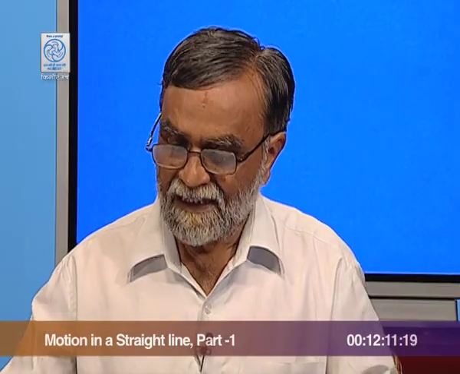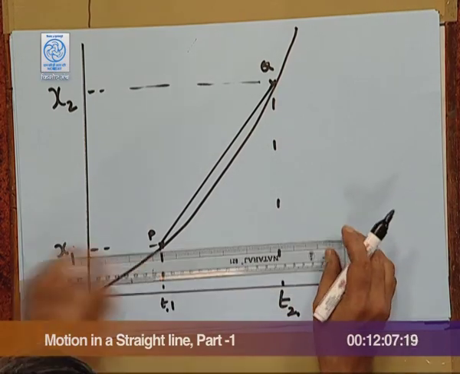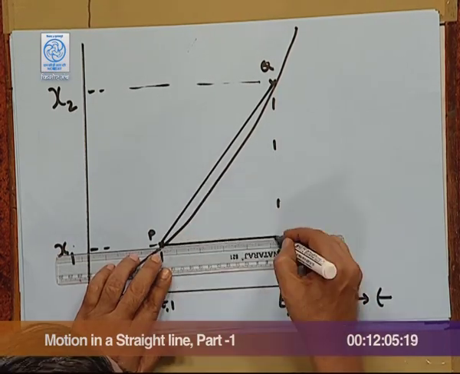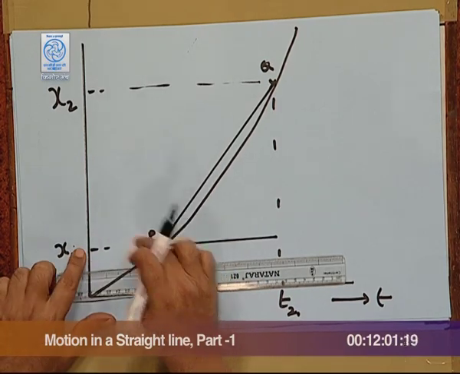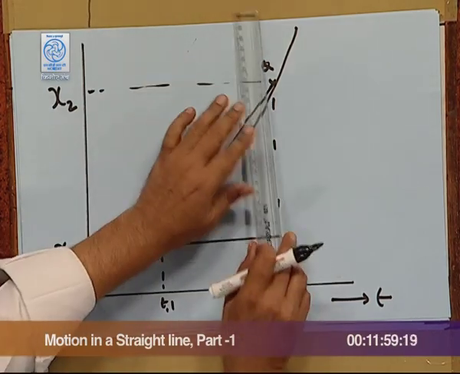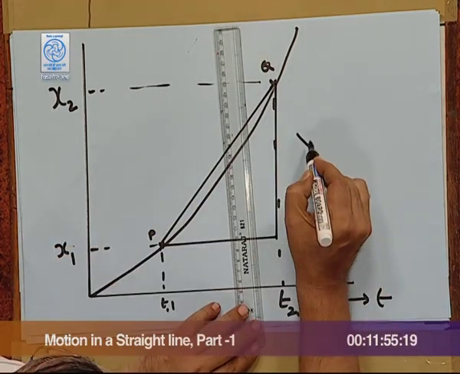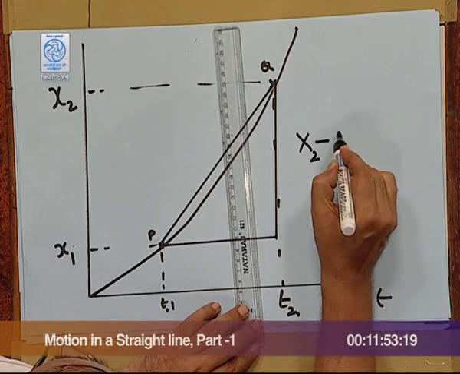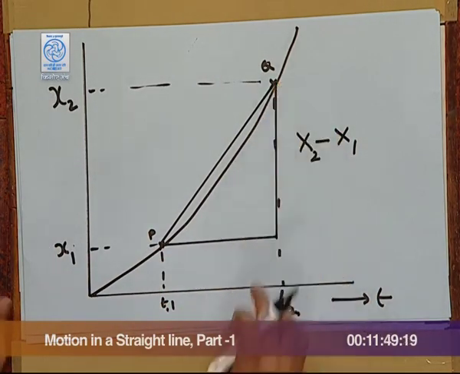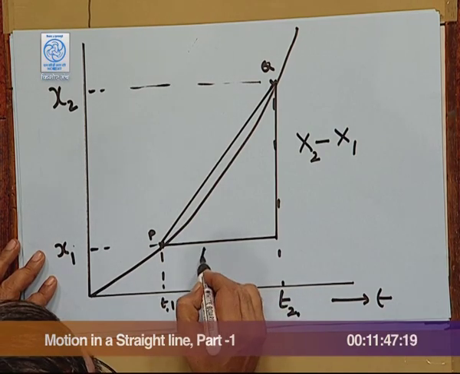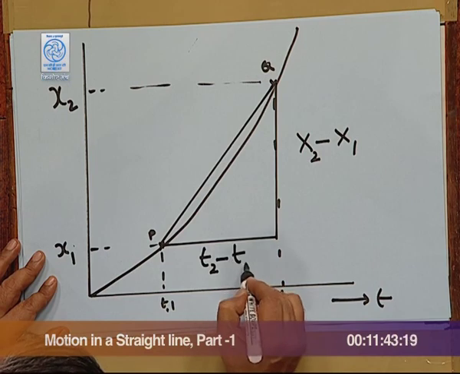Now, in the time interval t1 to t2, which is this interval, the object has changed its position from x1 to x2, which I represent here as x2 minus x1, the change in the position, and this has occurred in the time interval t2 minus t1.